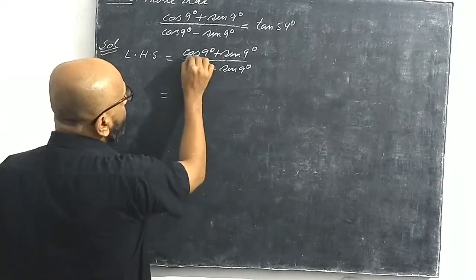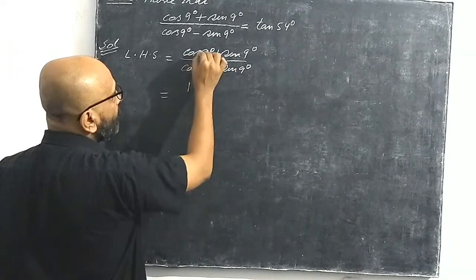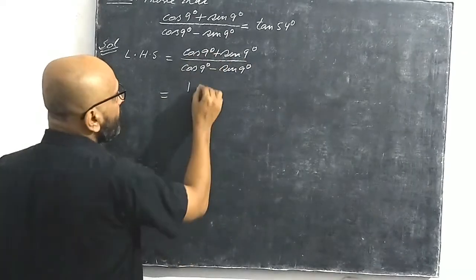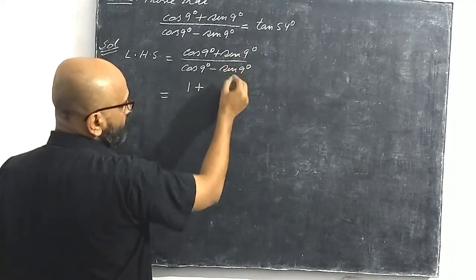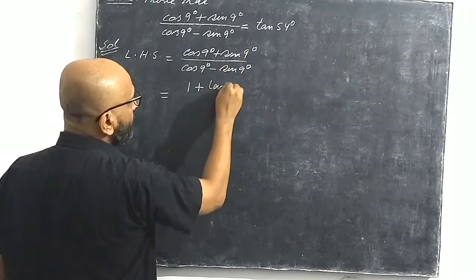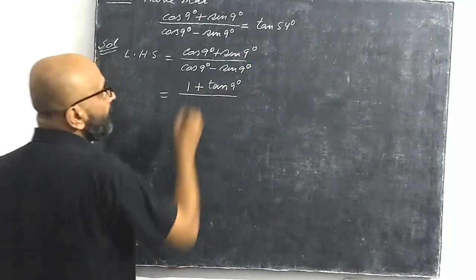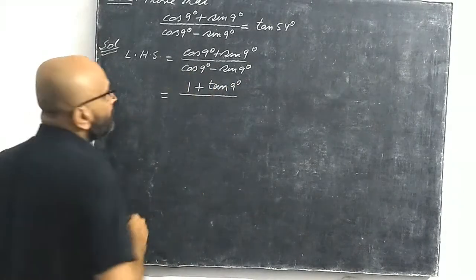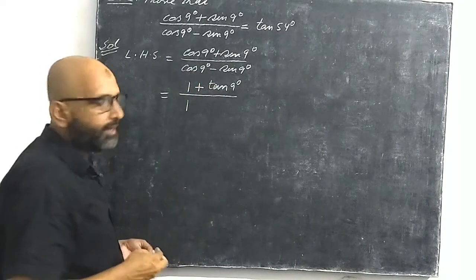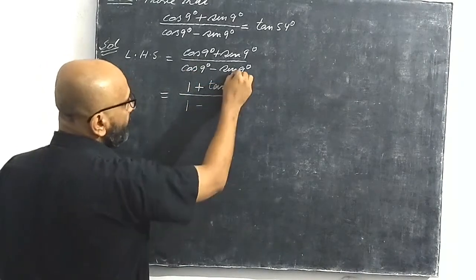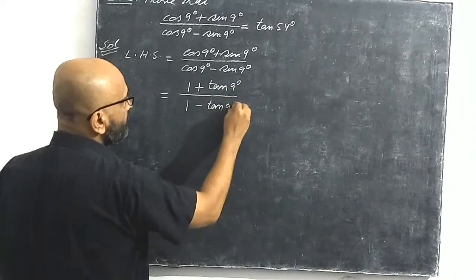If we divide the numerator by cos 9 degree, the first one becomes 1 because cos 9 degree will cancel cos 9 degree, and the second one, sin 9 degree divided by cos 9 degree, may be written as tan 9 degree. In the denominator, if we divide by cos 9 degree, the first term is again 1, cos 9 degree upon cos 9 degree, and minus sin 9 degree upon cos 9 degree, again tan 9 degree.